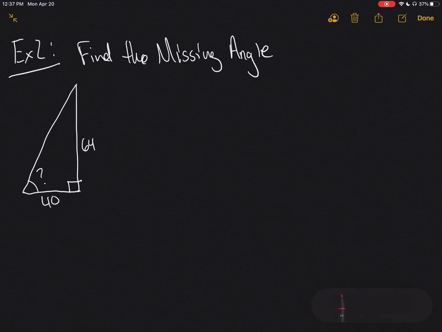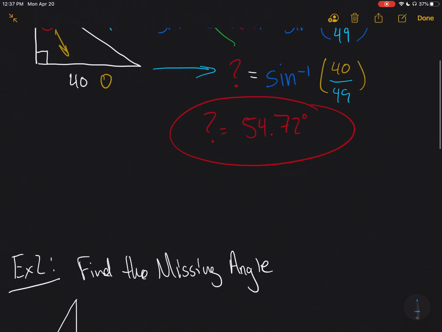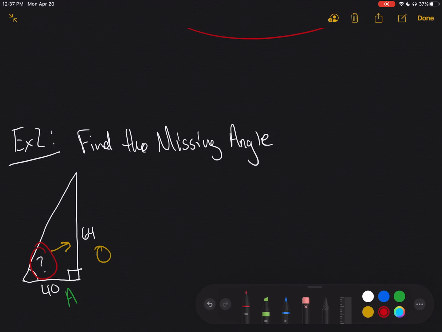Let's look at example two. So step one, I find my angle. Step two, I label my sides. I don't have a hypotenuse, so I've got an opposite and an adjacent. And this time, I'm not going to go through the setup step. I'm just going to write my expression. So I'm looking to find an angle.